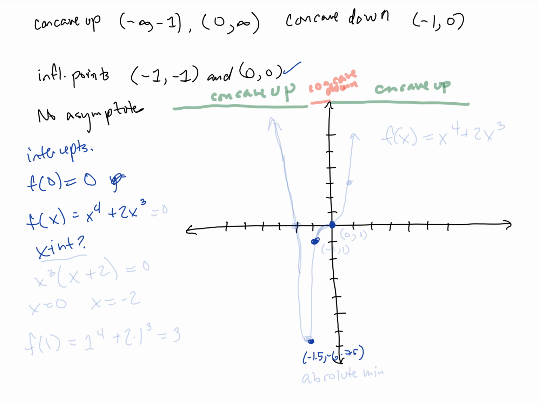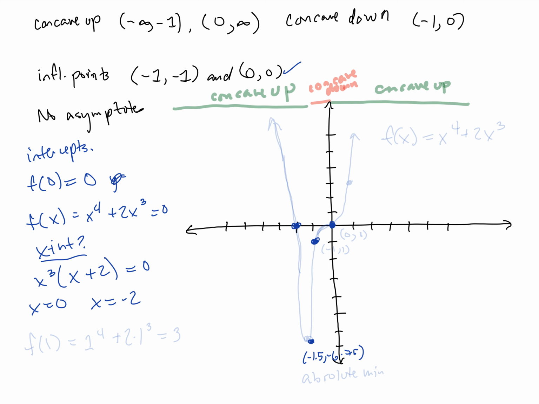Those are places where the function output is equal to 0, on the x-axis. So to solve for x, we could pull x cubed outside: x cubed times x plus 2 equals 0. And so that gives us x equals 0, which we already know, as well as x equals negative 2. So those are our x-intercepts. So we've also got this point right here, negative 2, 0.